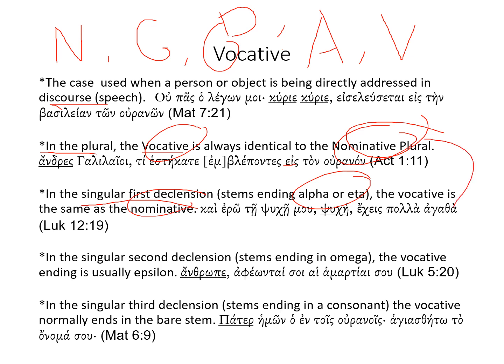So these two go together. In the singular second declension, it's epsilon that is our ending in the singular. And in the singular third declension, just the bare stem, that which would have the asterisk by it in Mounce's vocab list at the end of each chapter.